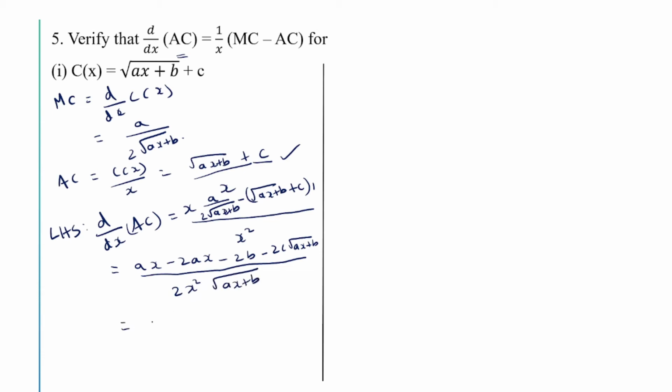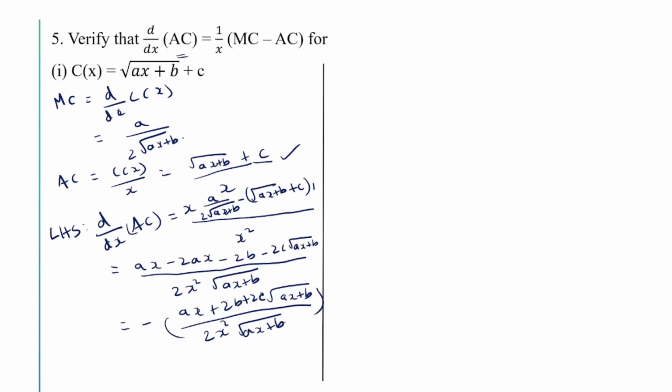So this is equal to minus of ax plus 2b plus 2c root of ax plus b divided by 2x square into root of ax plus b.